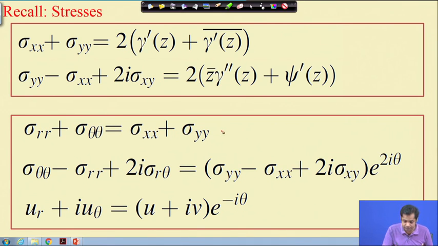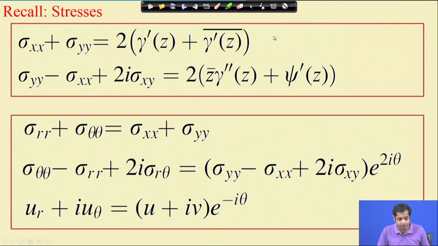The first one, these and these are the same equation, and then you can write the displacements also in terms of the complex variable representation. Now, this was the stress equation, and then similarly we can have the equation for displacement.